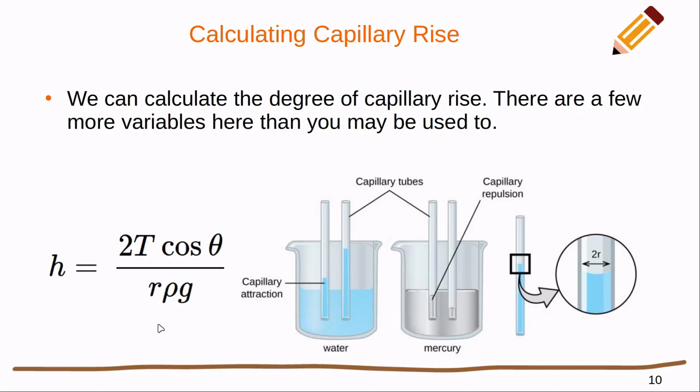We have an equation to calculate capillary rise, and you're going to see a problem in the homework and another one in the quiz on this. Basically, we have a value of 2, and T is our surface tension. We need to be careful with the units on that when we're doing the problem. We have the cosine of theta, which is the angle that we have on the meniscus.